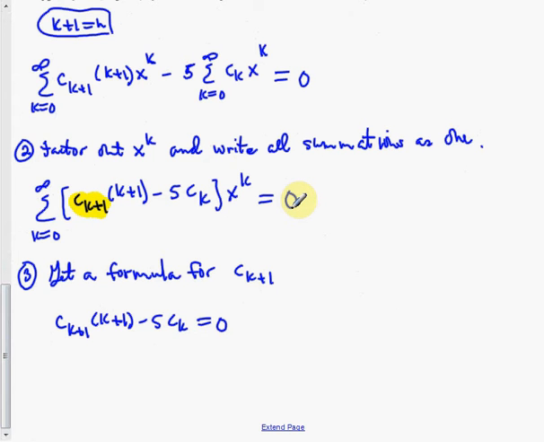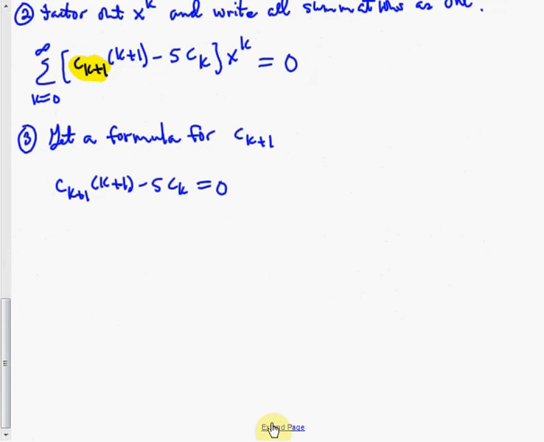And here, this is provided that the solution is on an open interval from 0 to infinity. That's the solutions for x, right? So if that be the case, solve for c sub k plus 1. C sub k plus 1 is equal to 5 times c sub k all over k plus 1.